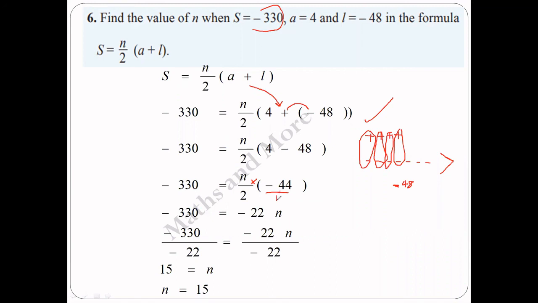Denominator 1, numerator minus 44. 2 simplifies with 44, 2 into 22. So n into minus 22, minus 22n.